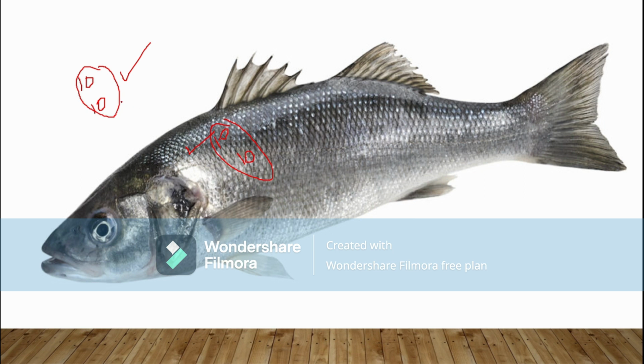Whatever the environment is, they have to follow, and they keep their body in isotonic condition to their environment. Means the amount of water and salts, or you can say simply the osmolarity or the salinity of the osmoconformers, is the same as their environment. They don't have to adjust their internal osmotic state.